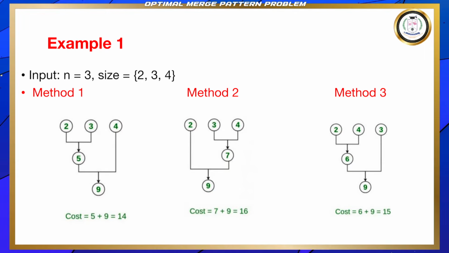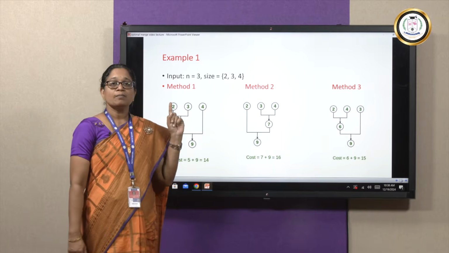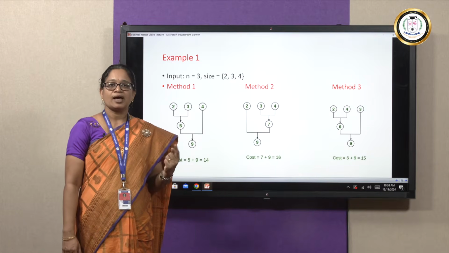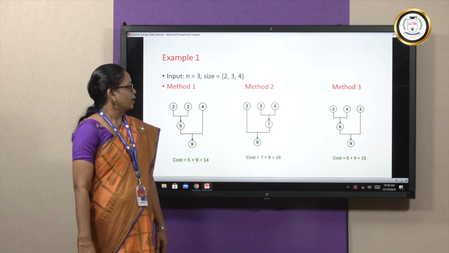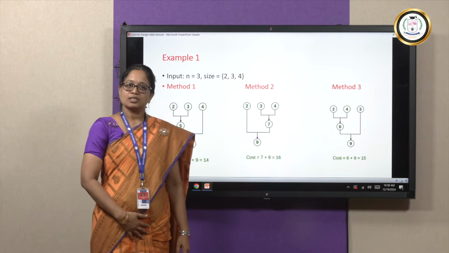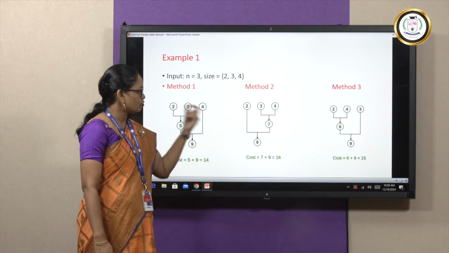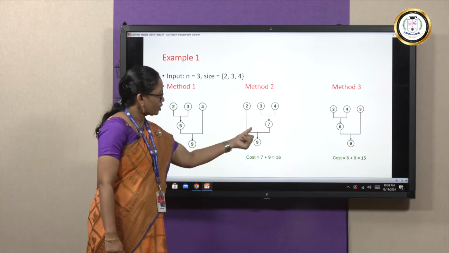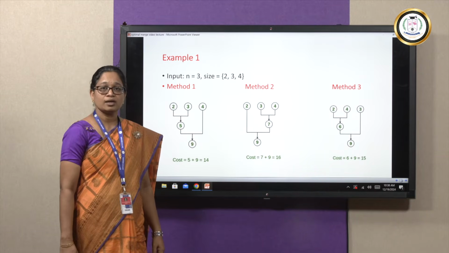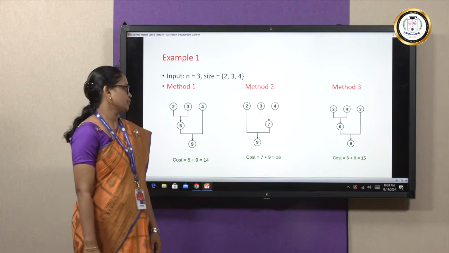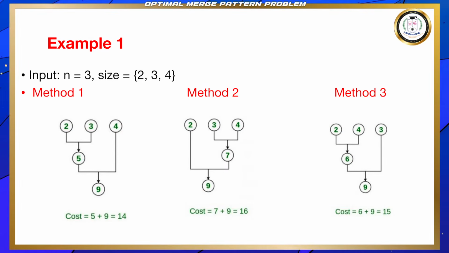Now we are going to solve the same problem with another method. Now we'll discuss method 2. We are merging the second file and the third file. The second file is of size 3 and the third file is of size 4. We merge these two files first, and the number of comparisons done is equal to 7. So we have a resultant file now.